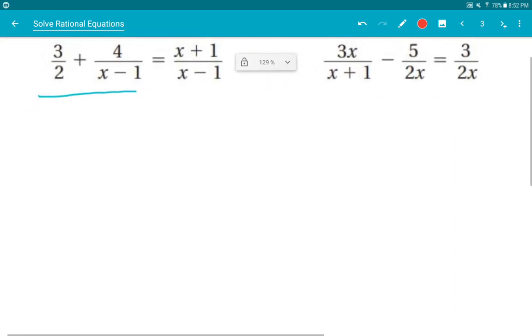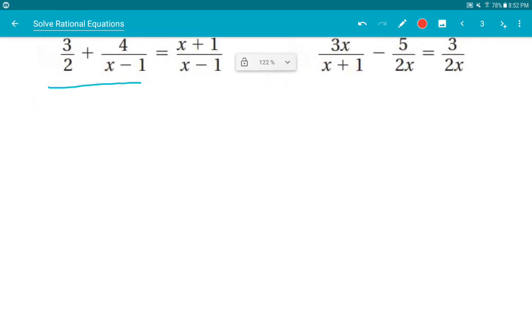Okay, so let's look at this first one. So I don't have a common denominator, but I know for my first one, the least common denominator is going to be 2 and the x minus 1. If we combine those two, we get the LCD. That's going to be what we're going to use to help us simplify my fractions here.